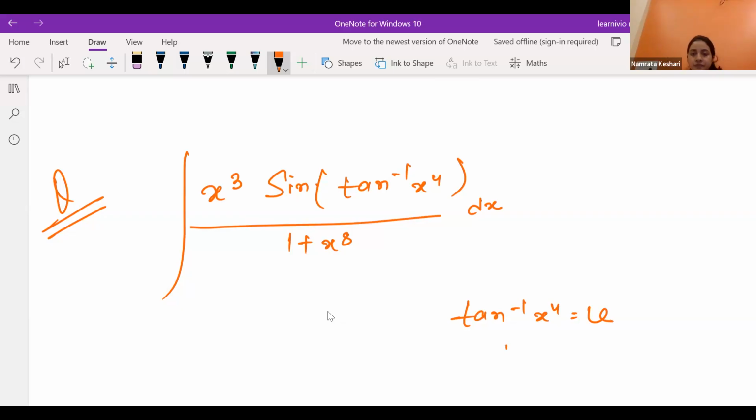1 by x to the power 4 into 4x cubed. Tan inverse x formula was? 1 by x to the power 8 plus 1.